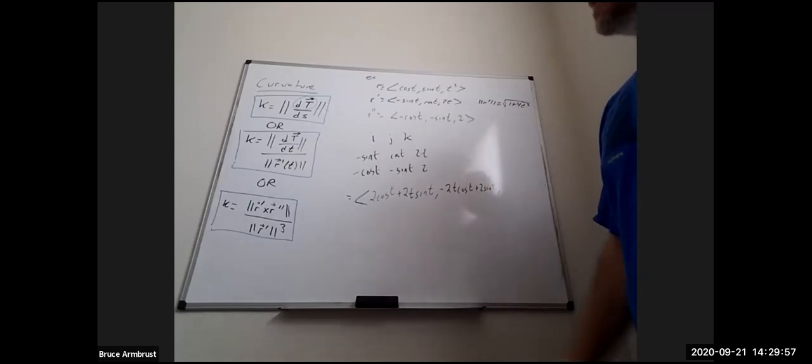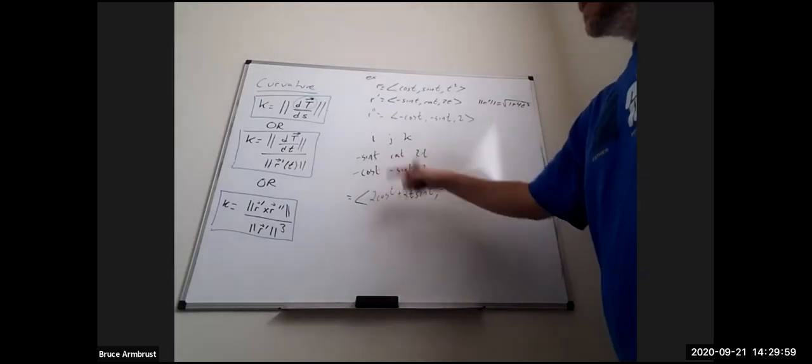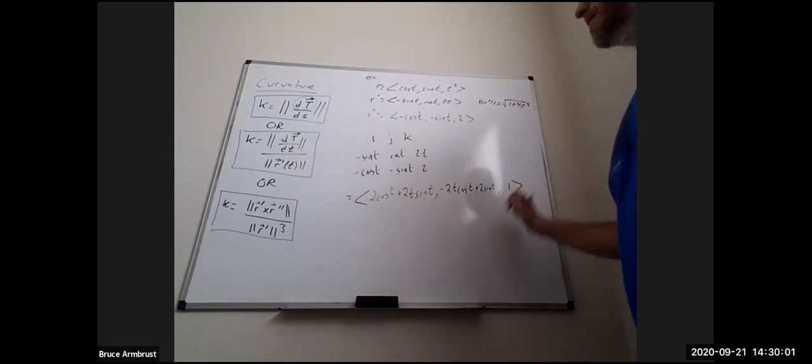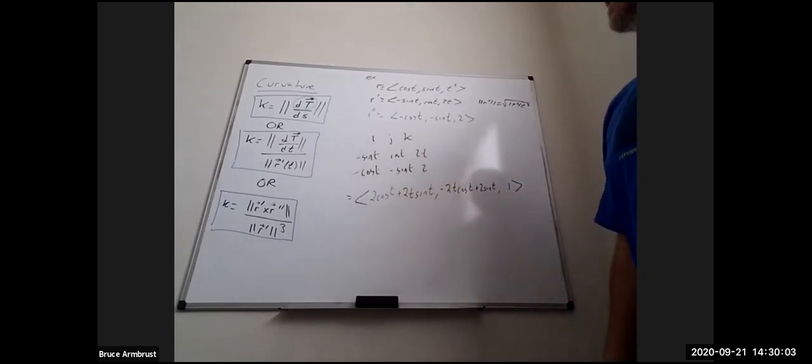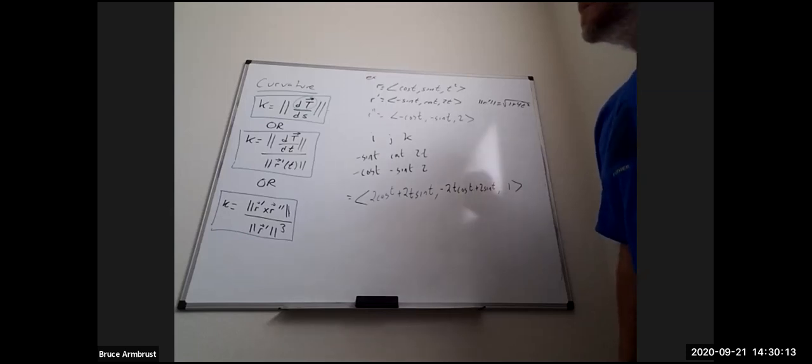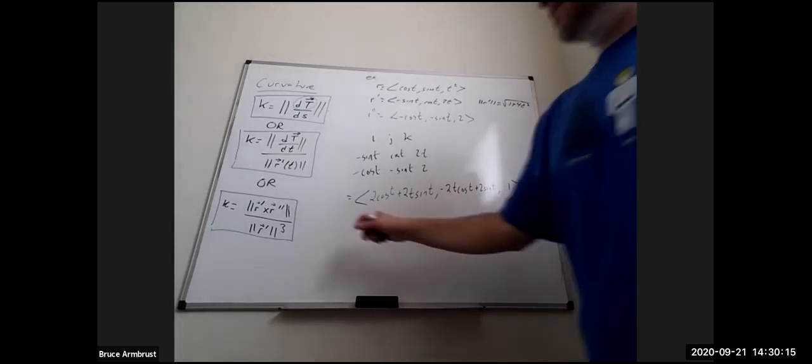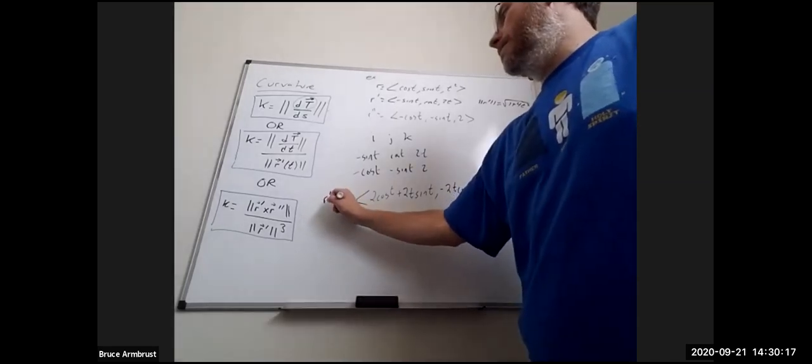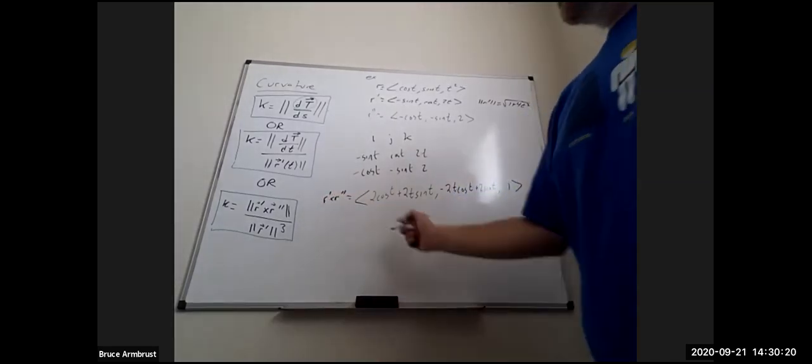And our k component is going to be sine squared plus cosine squared, which is 1. So this is r prime crossed r double prime. So now we need its magnitude.